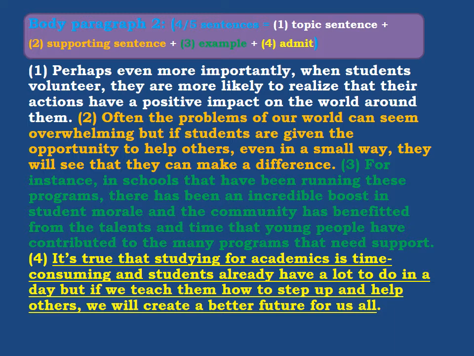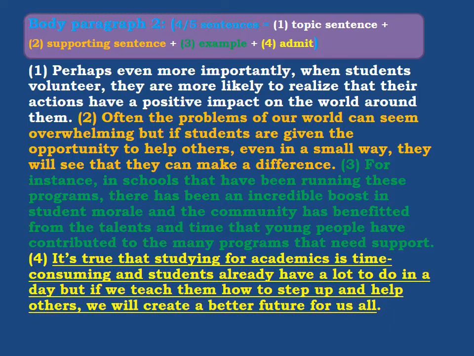Now, the example. For instance, in schools that have been running these programs, so in the schools that have courses like this, voluntary work, community work, there has been an incredible boost in student morale, and the community has benefited from the talents and time that young people have contributed to the many programs that need support.